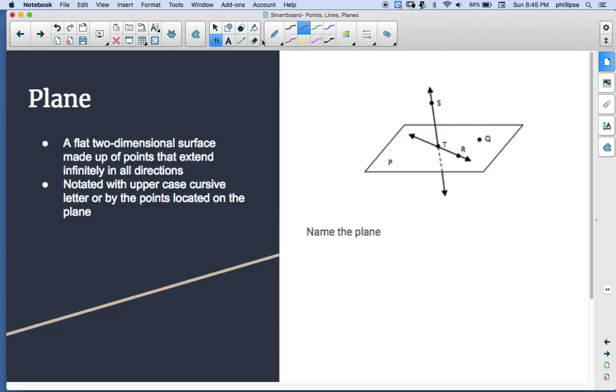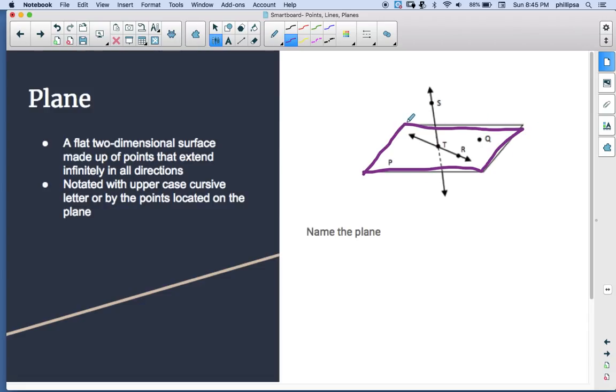So the same diagram that we've been looking at here, the plane is this two-dimensional shape right here. It's most commonly shown with some kind of parallelogram, rectangular shape. It does not have to be a parallelogram shape, it's just most commonly shown with it.